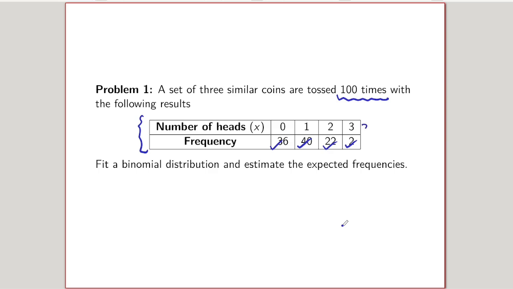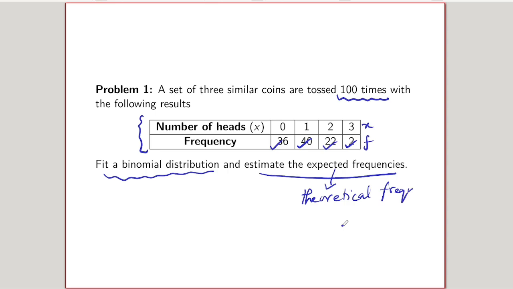We are going to take the number of heads as x and the count as the frequency f. We are going to fit a binomial distribution and estimate the expected frequency, or theoretical frequency. The frequency given in our question is the observed frequency.